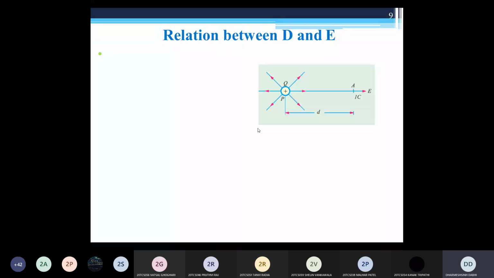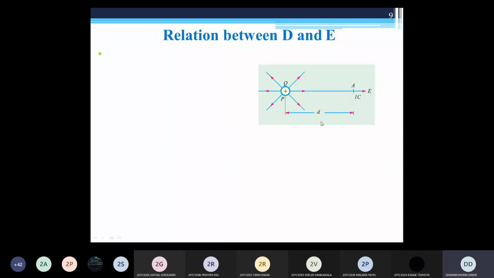Now the next topic is the relationship between electric flux density D and electric field strength E. Here you can see that one positive charge Q is placed, and a unit positive charge, 1 coulomb, is placed at the point. The distance between this plus Q charge and the 1 coulomb charge is d.